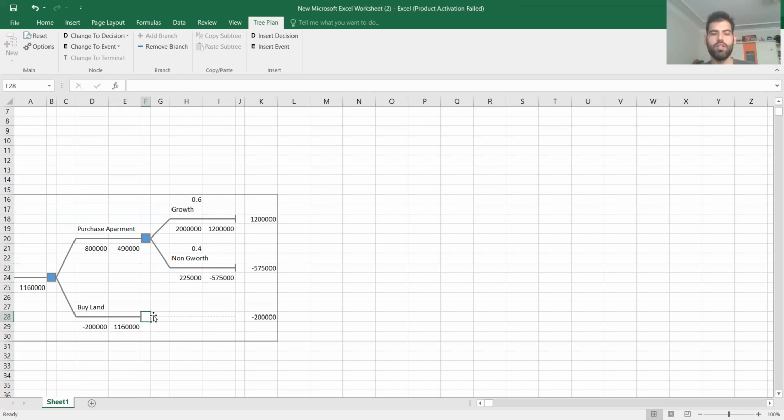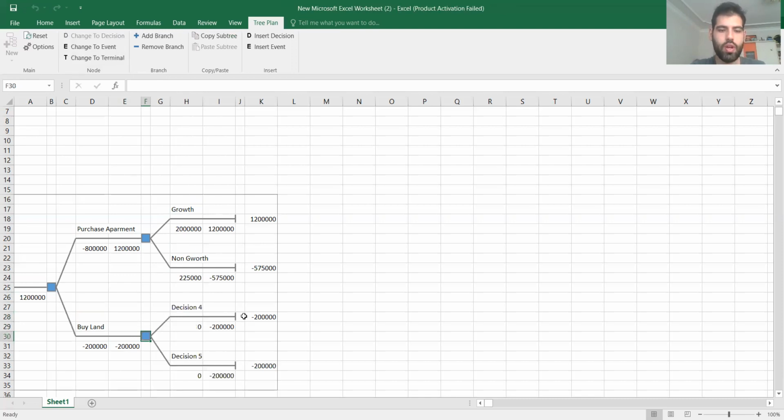On the other hand, at the buy land side, we have two branches. The first is if the population grows in 3 years, and the second is if the population does not grow in 3 years. So I will add them with points, with 3-year growth and 3-year not growth.